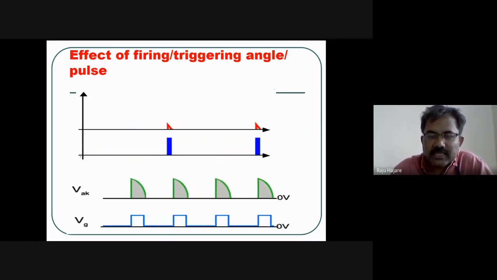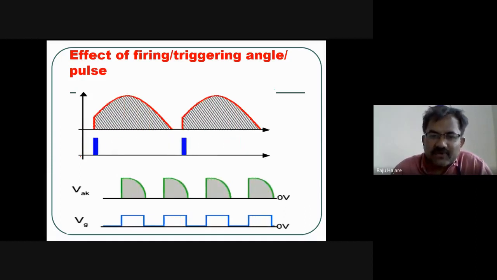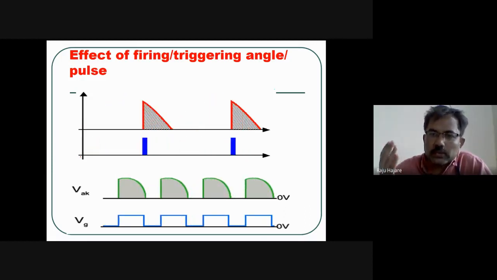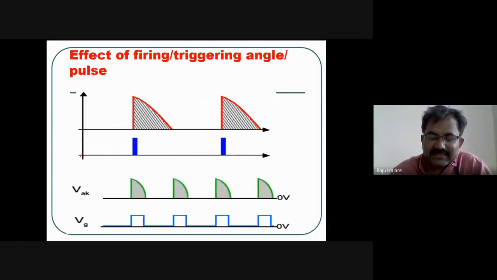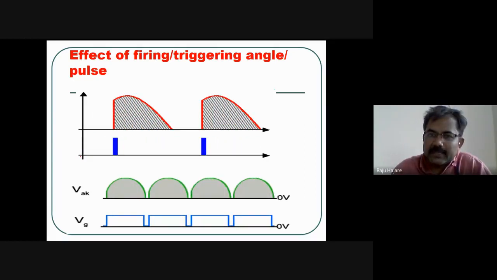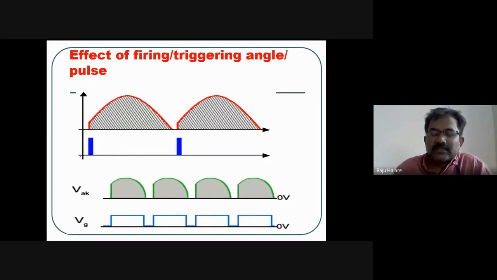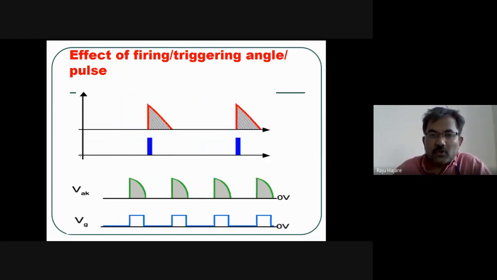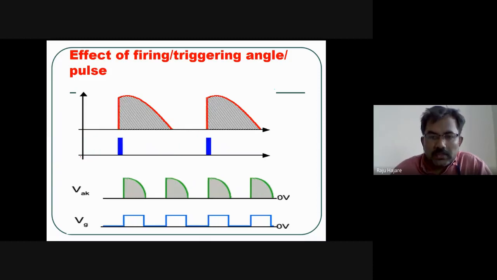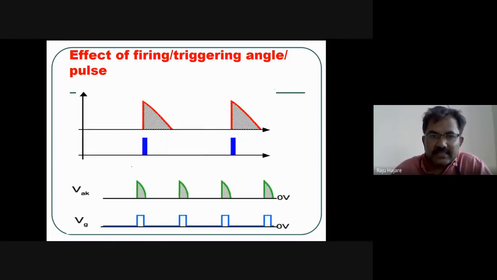You can observe this again and again, but with different loads, resistive load, inductive load, and all. We'll discuss. We can even consider a motor as a load, and we try to analyze the circuitry and write the waveforms. Okay, so this is the beauty of this trigger pulse, that is the gate pulse.